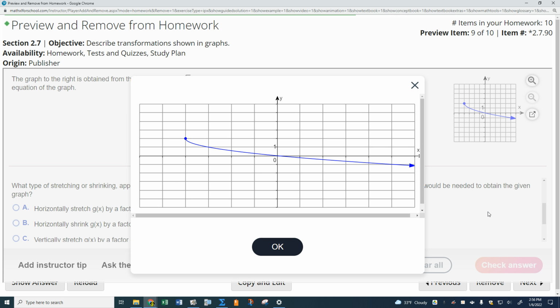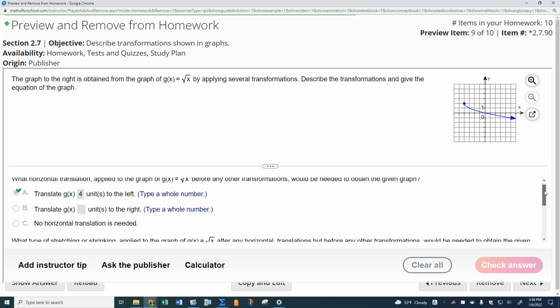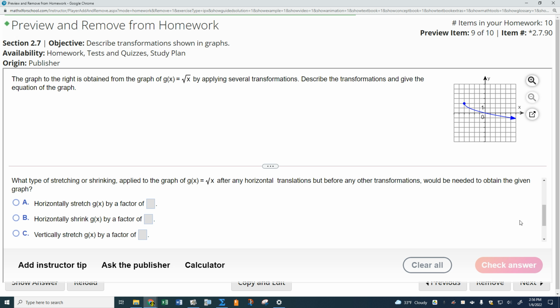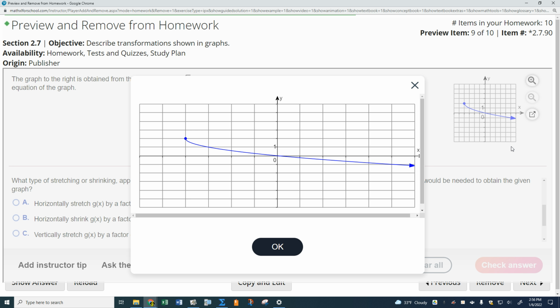I guess it wants stretching next. Okay, stretching.